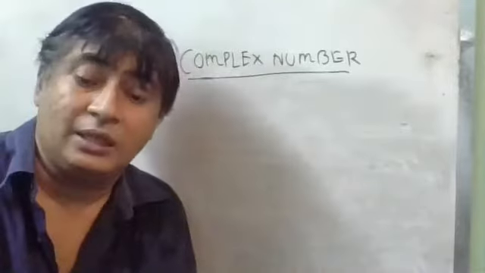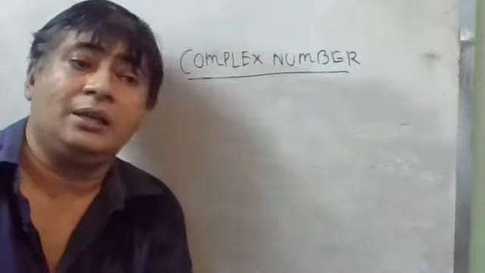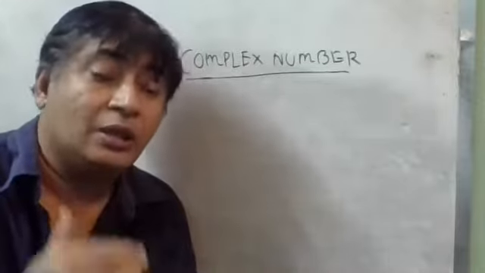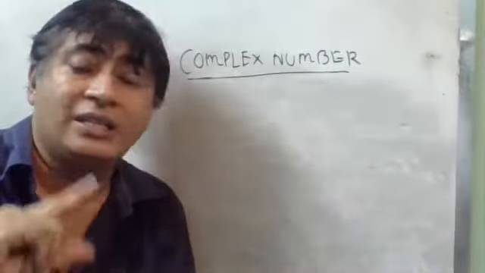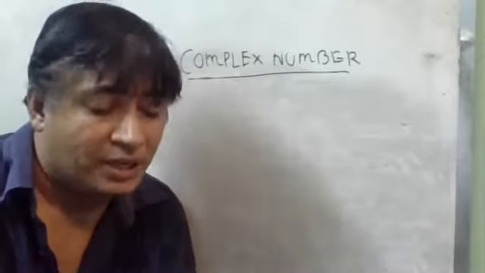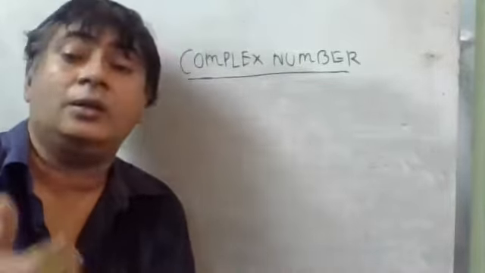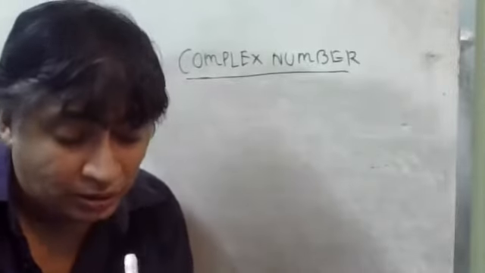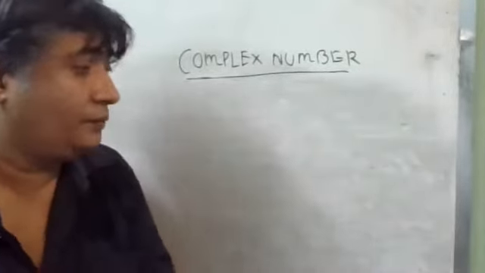But in vectors, only addition, multiplication, and subtraction are allowed, not division. So complex number gives us one extra privilege. So complex number is one step ahead of vector, vector one step ahead of coordinate. But all these are interrelated.